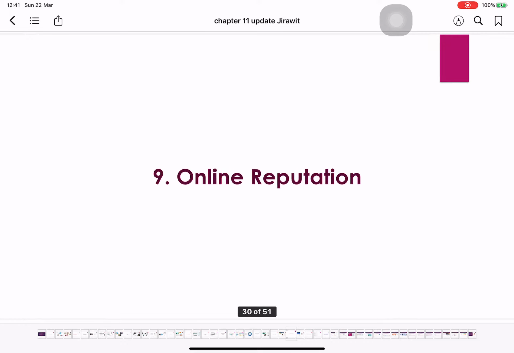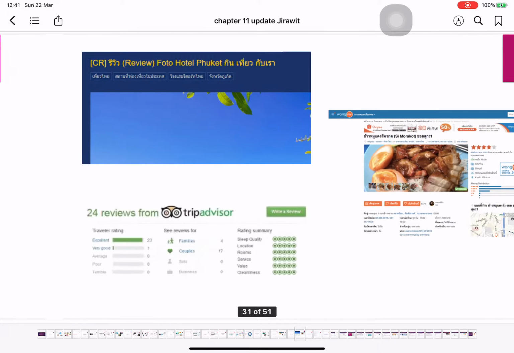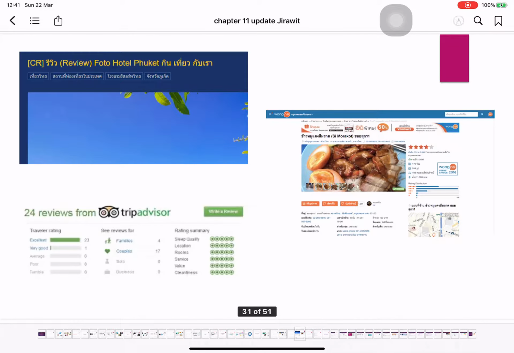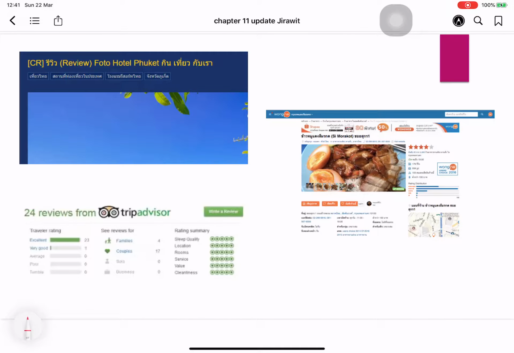Number 9 is online reputation. This is TripAdvisor. And for you, maybe C-Trip, right?